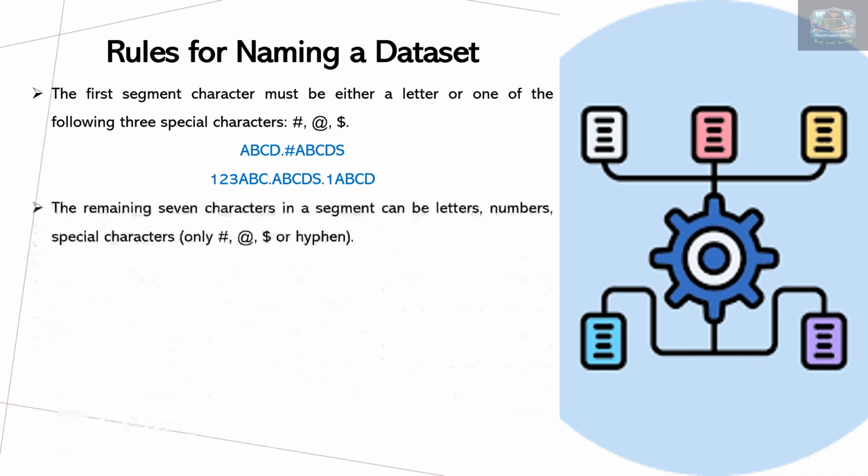And the next rule is you can put a number anywhere else in the segment. The remaining part of the segment can be a number, hash, hyphen, at, dollar, and a letter. The restriction is only on the first letter.